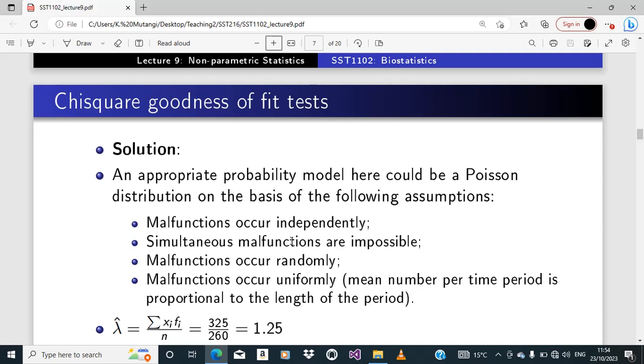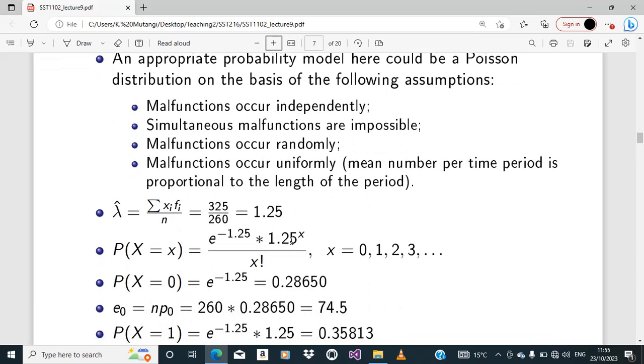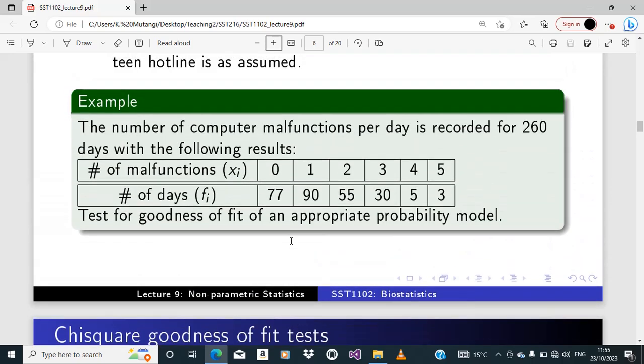So we have to estimate initially the only parameter, the mean or lambda of the Poisson. So with lambda hat equal to sum of xi fi over n. In this case, we are saying the observed value there, we have xi 0 times 77, then we're adding to 1 times 90, then we're adding to 2 times 55, then we have 3 times 30, and 4 times 5, then 5 times 3.